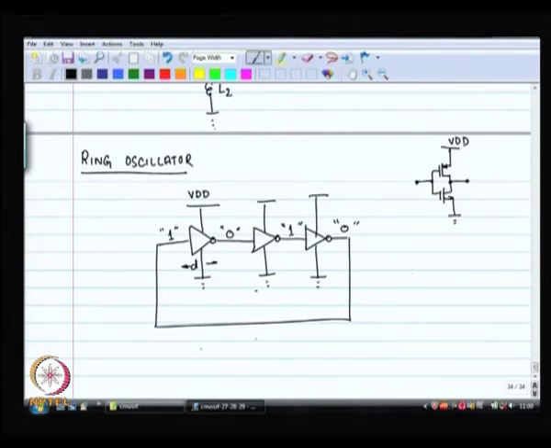So, if this particular wire is a 1, after a delay of 3d it goes back to 0, after another 3d it will again become a 1. So, the net period is 6 times d, which means that the oscillation frequency is going to be 1 by 6d. So, this is trivially simple to analyze. If you can figure out the value of d, you are done, right. What is going to be the value of d?